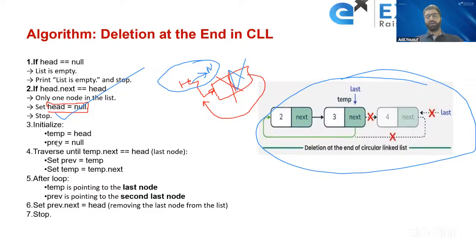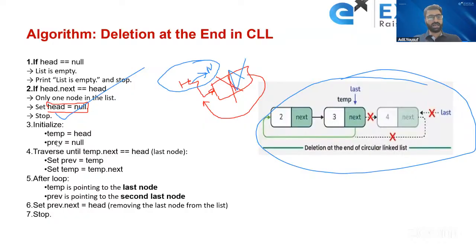Now we'll see why it is needed. It is needed because we can move only in one direction in a singly linked list, so we have to keep track of the previous as well. That is why we are saying node previous is equal to null.